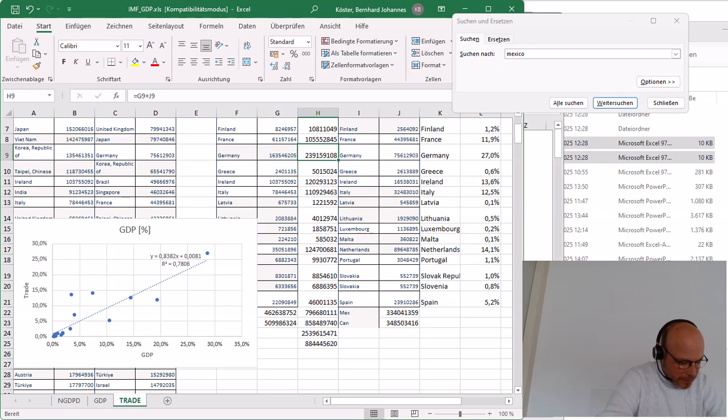So what I have looked at is, well, this number is the trade volume of Mexico, and it is 10, 15 times higher than of Spain. This is reasonable. And this trade volume is 4 times higher roughly compared to Germany. So this is also, yeah, roughly okay.